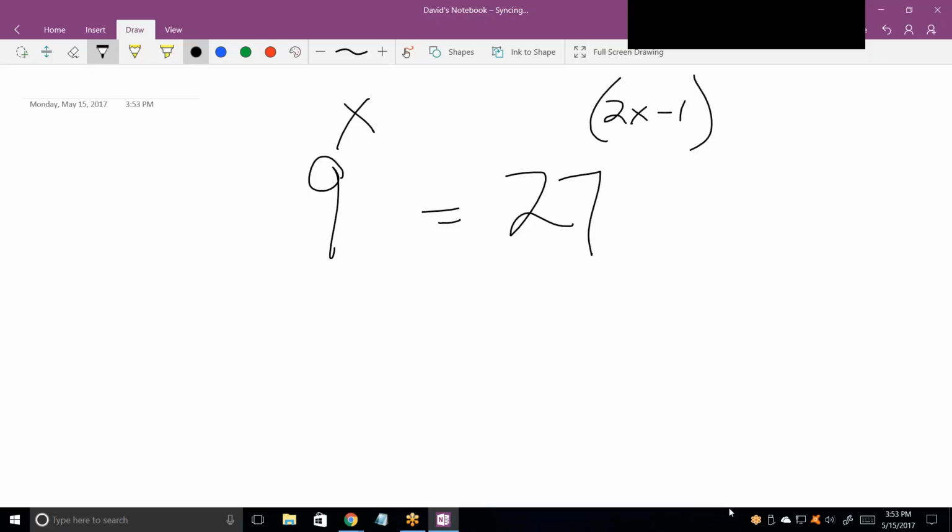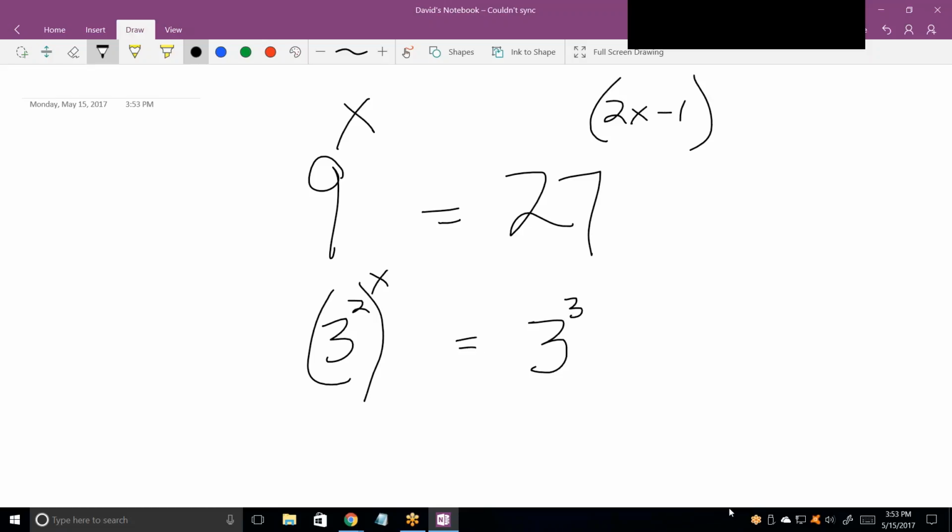Get them down to the same base, so you'd reduce the 9 to 3 squared, so you'd have 3 to the 2x, and reduce the 27 to... Pretty important, I think, this step right here. Yeah. Is to represent the 9 as 3 squared inside parentheses. The parentheses matter sometimes.